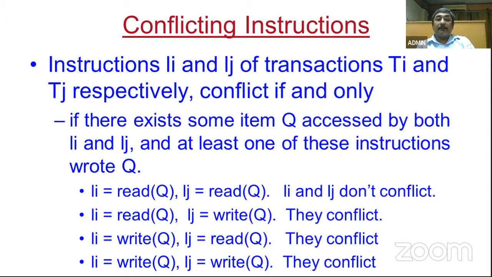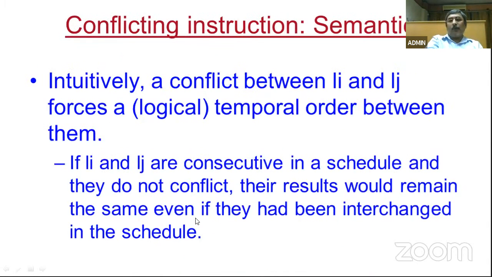But if one reads and the other writes, then their ordering matters. The moment the ordering matters, I call it a conflicting instruction. Also understand that if I read B and another transaction reads A, there is no conflict. They have to read and write the same item: one has to read, the other has to write. Then this read has to precede this write, if Li is a prior instruction. So this is what we want to do.